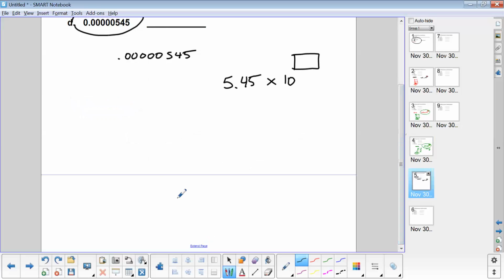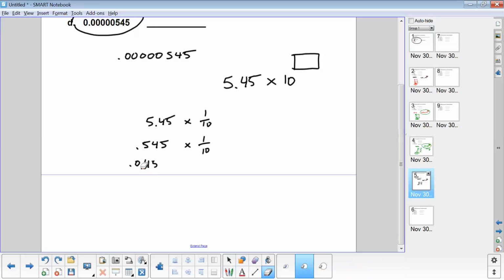Well, you start with what we have here, which is 5.45. And if I divide by 10 or multiply by 1/10, I'm at 0.545. And if I keep going, I need to get the correct number written there.